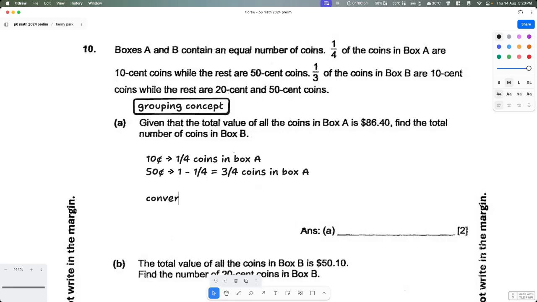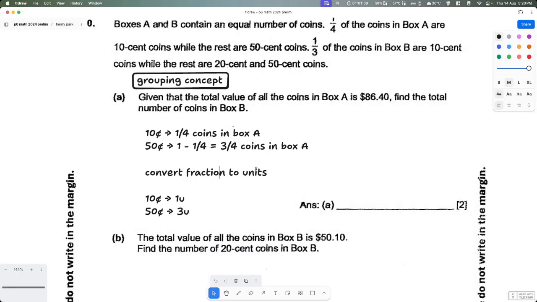So convert fractions to units. So 10 cent is 1 unit, then 50 cents is 3 units.